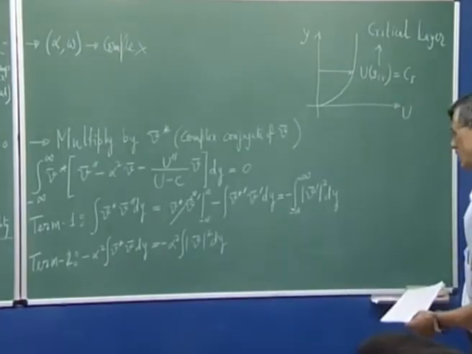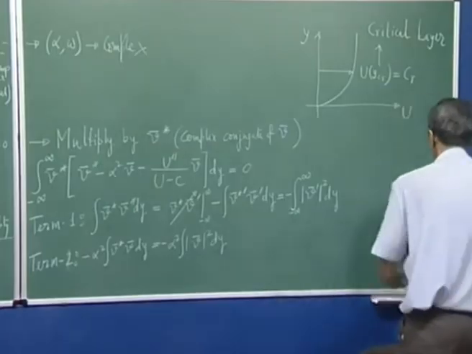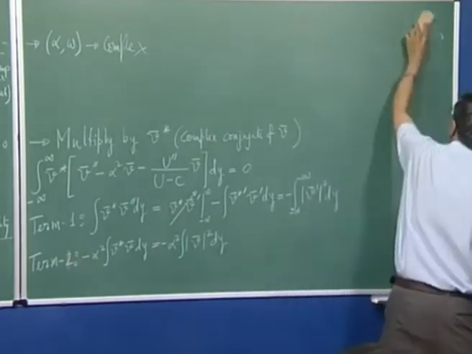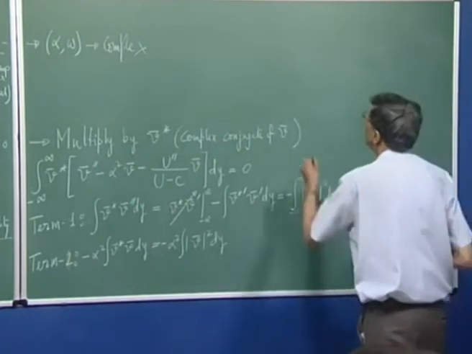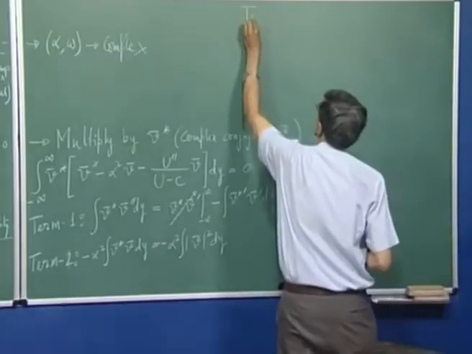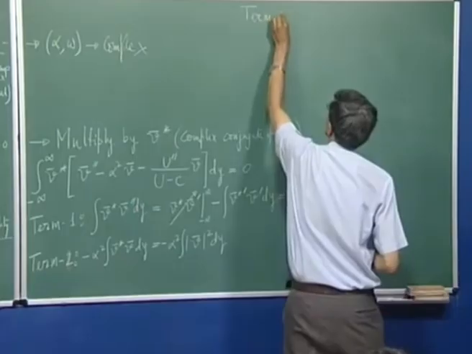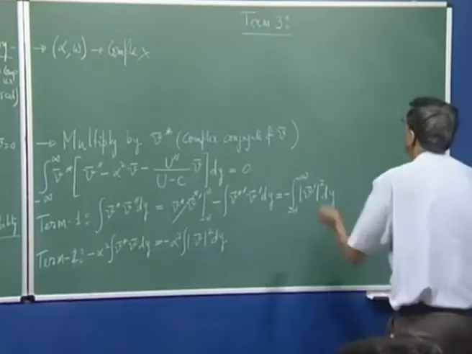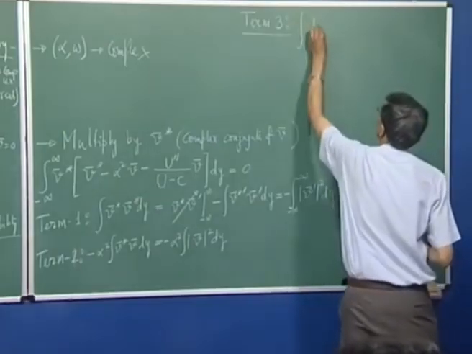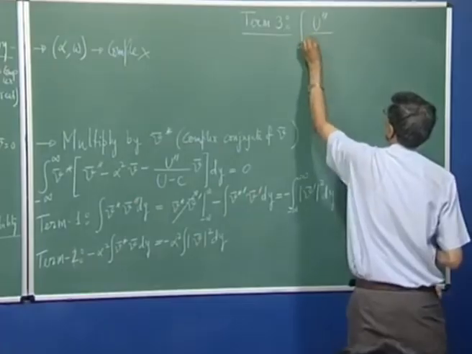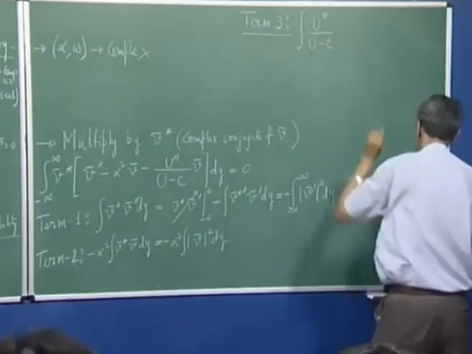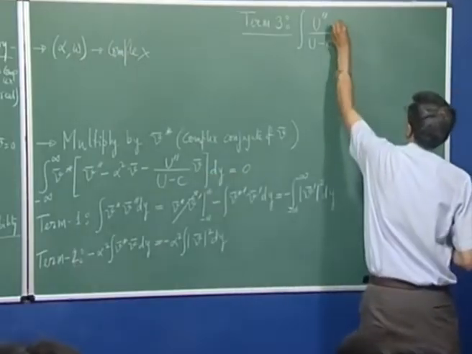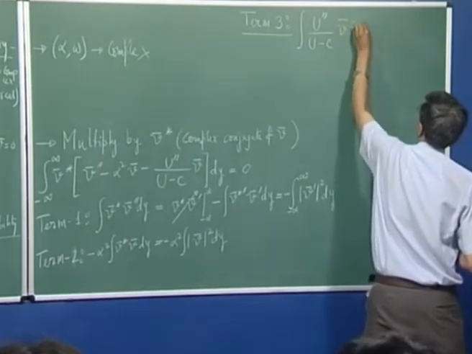So, what is it that we are left with now? We need to really worry about the third term. So, the third term that we have is this: u double prime divided by u minus c, and then we have v bar and v bar star.